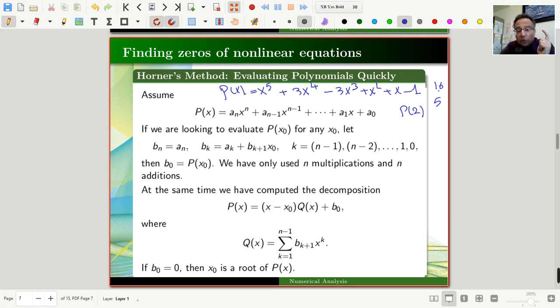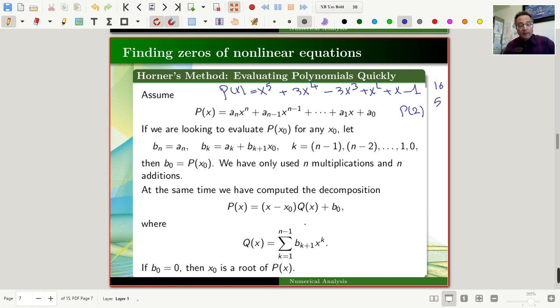But if you use the Horner method, you need just n multiplications, I mean 5 multiplications and 5 additions, and it's much simpler than the usual method of finding p of x0.